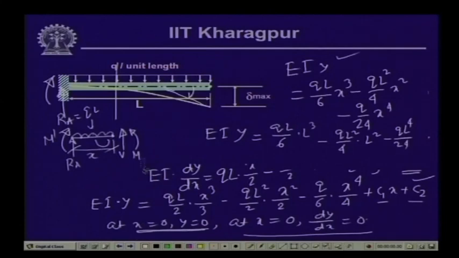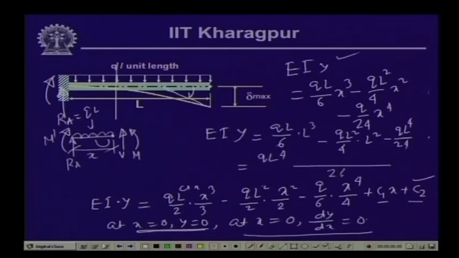So, if we combine this together, we have qL⁴ over 24 times (4 minus 6 minus 1). So 6 minus 1 is 7, and 4 minus 7 is minus 3. So this equals minus qL⁴/8, which gives the value of EI y.